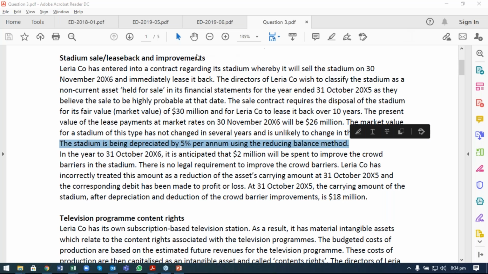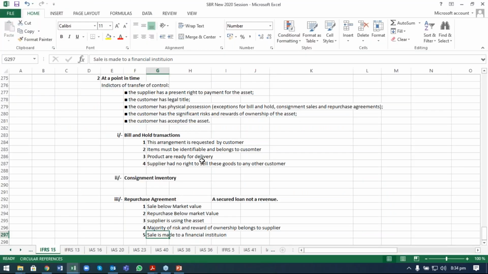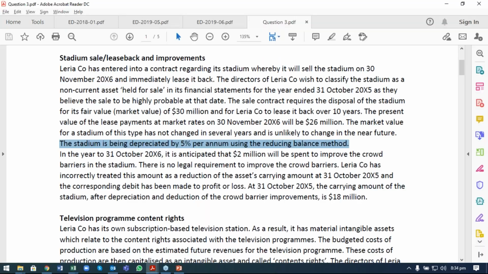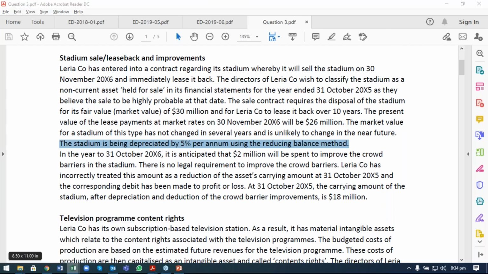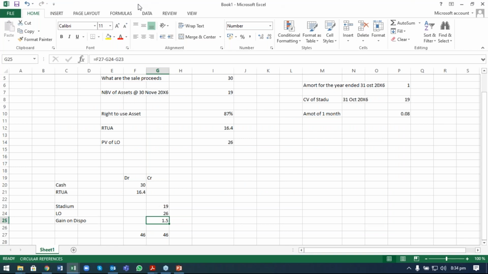Will you please repeat right to use asset? Yes, I'm going to repeat right to use asset. How to get it 87%? You'll find the 87% value if you look into it. I'll be getting back to the other questions, but right now, right to use asset is what? It is the present value of future lease obligation you are going to pay against the current market value of an asset.